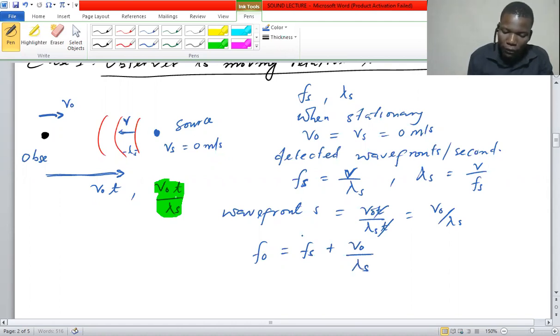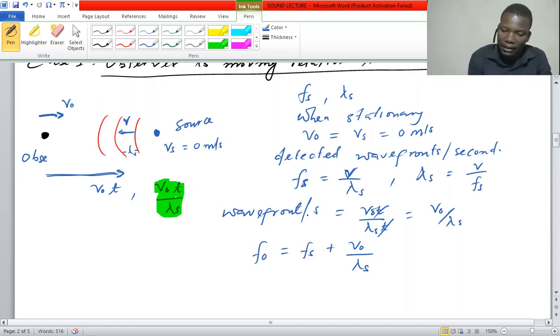So this fs is actually the first one. Okay, it's more like the initial state. So we have the frequency of the observer equals the frequency of the source, this is the wavefront at the beginning, plus the wavefront per second, after this observer begins to move towards the source.